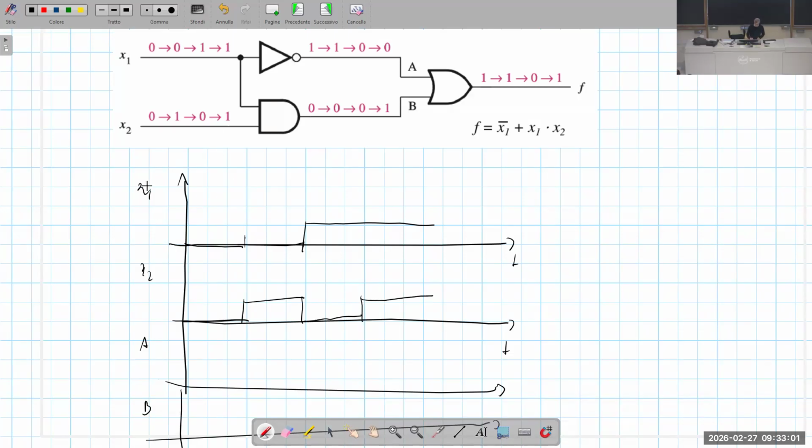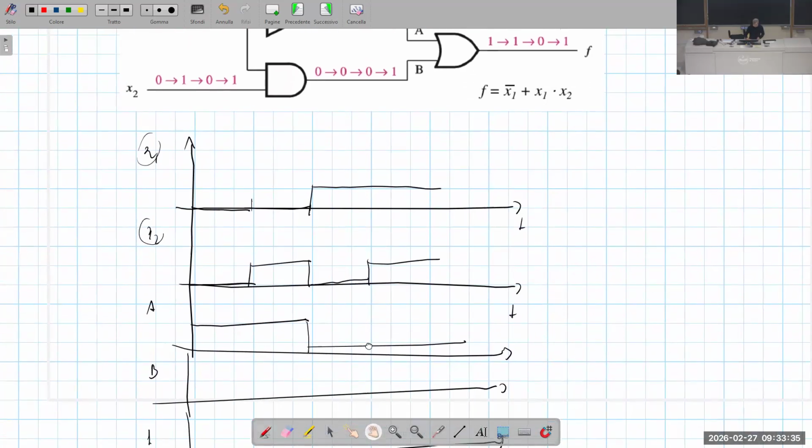Step by step, based on the values of x1 and x2, we can evaluate the signals A and B. For instance, if x1 and x2 are both 0, what about A? A is not x1, so when x1 is 0, A is 1. When x1 goes to 1, A goes to 0.